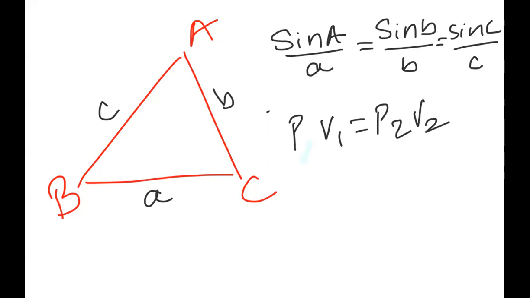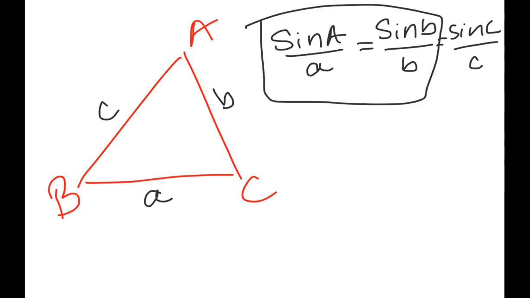In the same way, we use sine rule when 2 angles and 1 side are given, or 2 sides and 1 angle are given. Are you getting it? Yes, sir. In that kind of question only we will be using sine rule, because ultimately we take either this part, or this part, or this part.